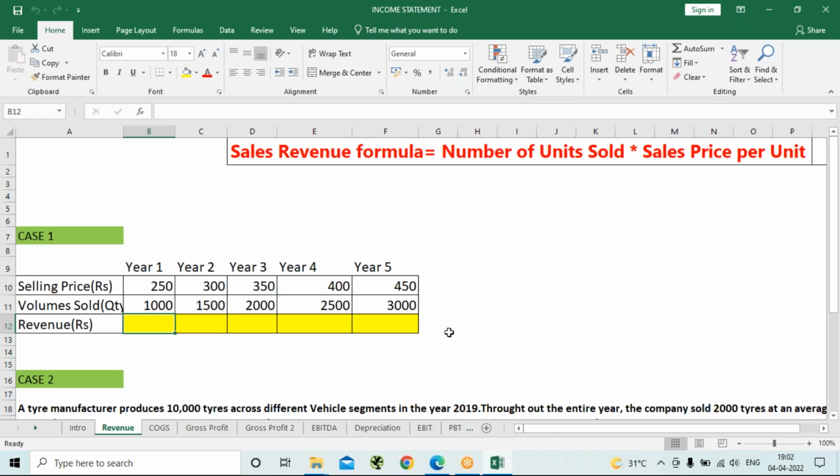Is it 1000 into 250 for year one? Yes, it should be the selling price 250 into the volumes sold for that year. Enter. So this could be the answer: 1000 into 250 or 250 into 1000.